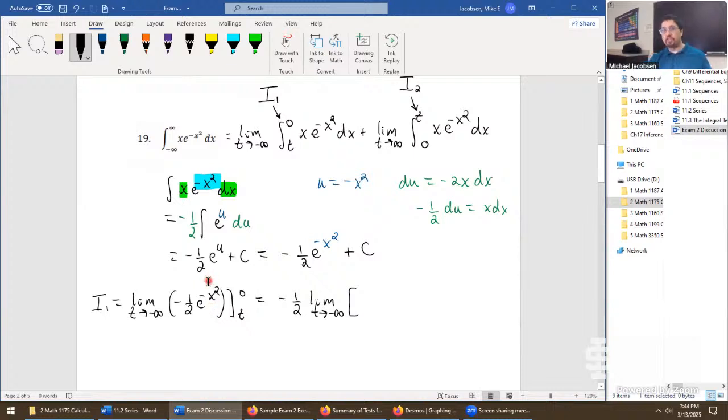We plug in 0 into this. e to the power of 0 is a 1, so we just get negative 1/2 minus, I don't think I need a parenthesis there. Let me undo that. Plug in t, and we get minus, actually, do you want another parenthesis? No, hang on. I think I'm confusing myself on this. When I move that negative 1/2 out to the front, I think it caused me more harm than good.